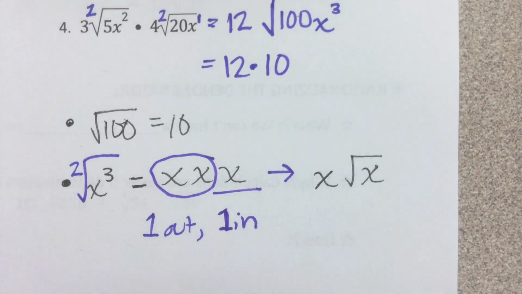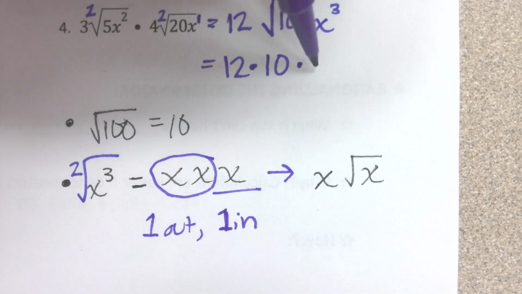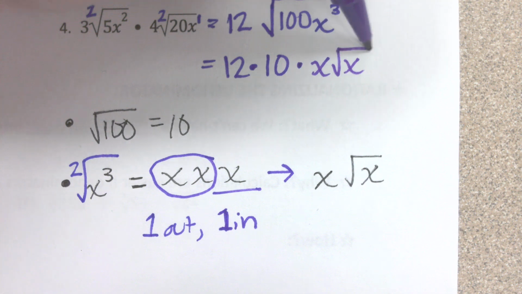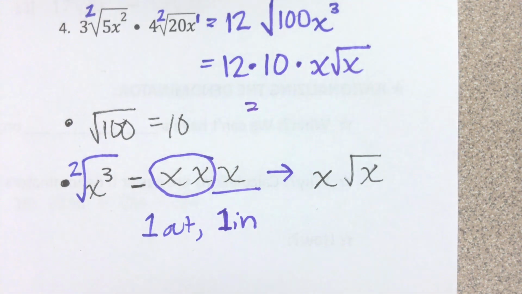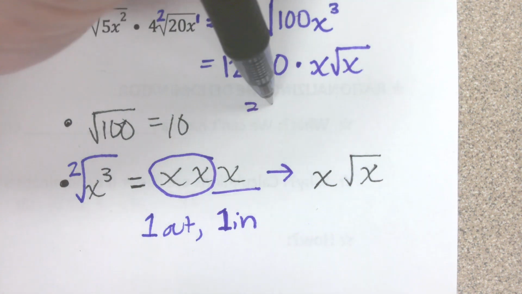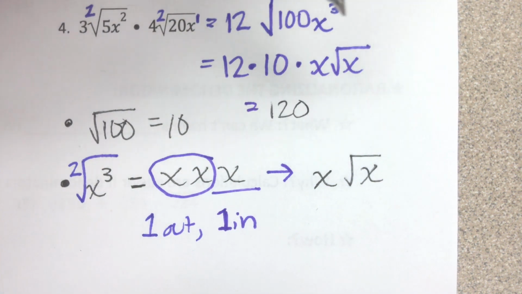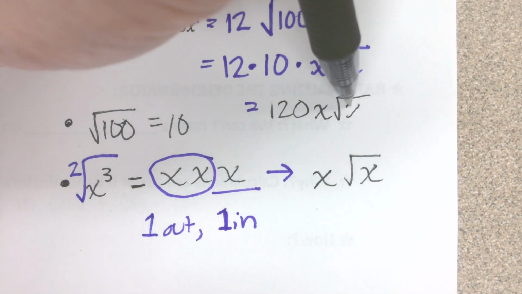So I'll add that to my answer space up here, times x square root of x. And then we'll put all that together for our final answer. 12 times 10, that's 120. And then we'll just attach the x square root of x at the end.